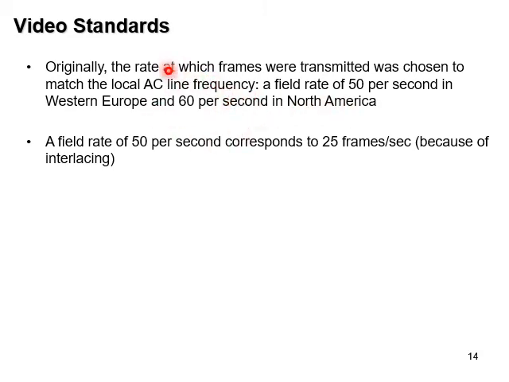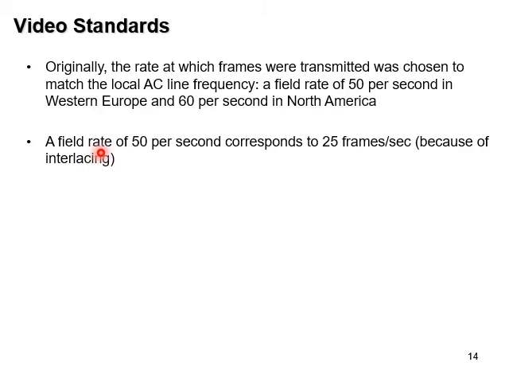So when they made the NTSC standard, they chose a refresh rate, or number of fields transmitted per second, of 60, while in Western Europe, Egypt, the Middle East, and so on, where the electricity is 50 Hertz, they chose a field rate of 50 per second.